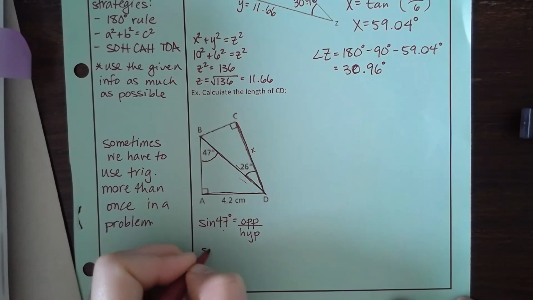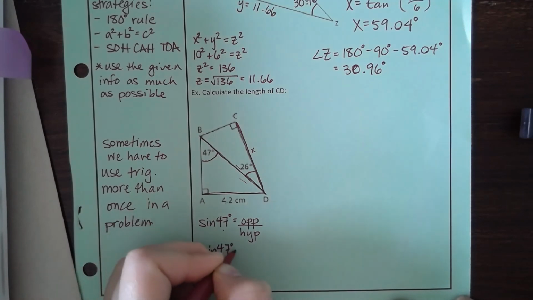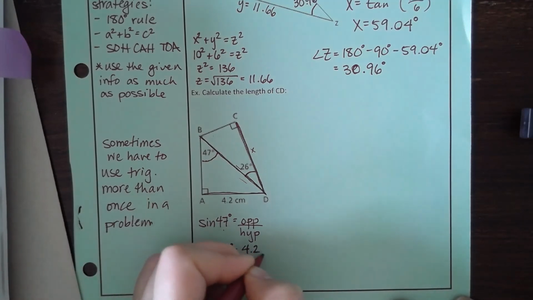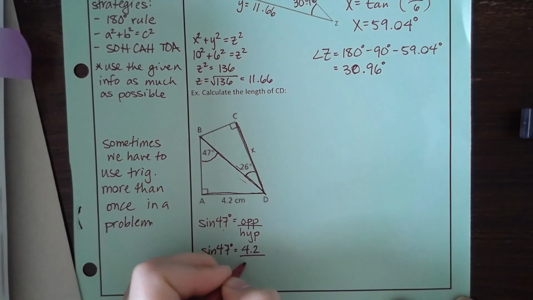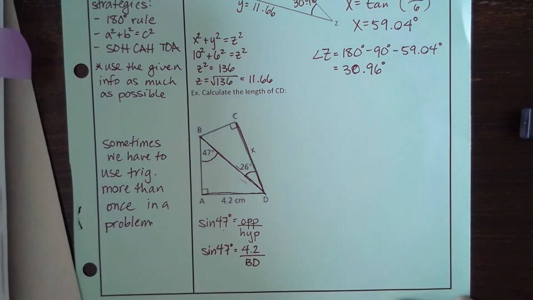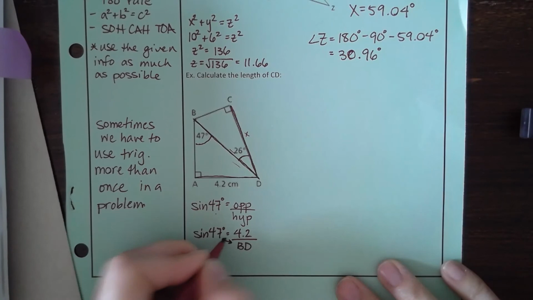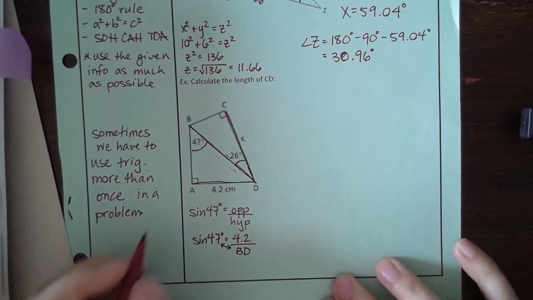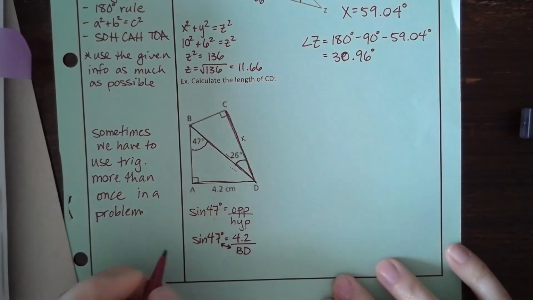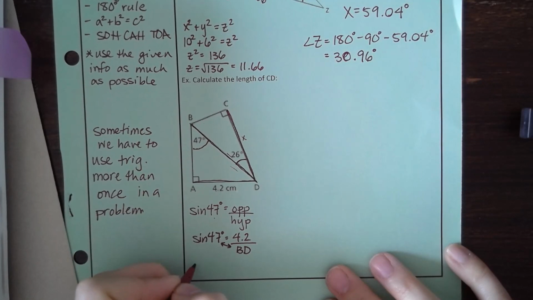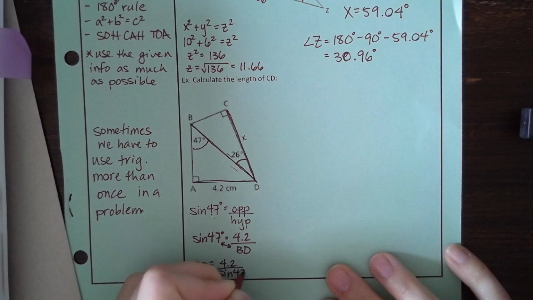Okay, so let's fill it in. Sine 47 equals, my opposite is 4.2. My hypotenuse is what I don't know. That's BD. So remember, we can just kind of switch these guys around because these are both factors of 4.2. So BD equals 4.2 over sine 47 degrees.